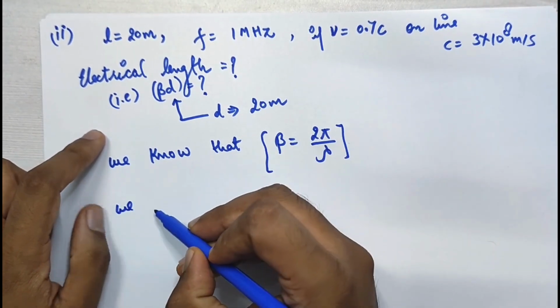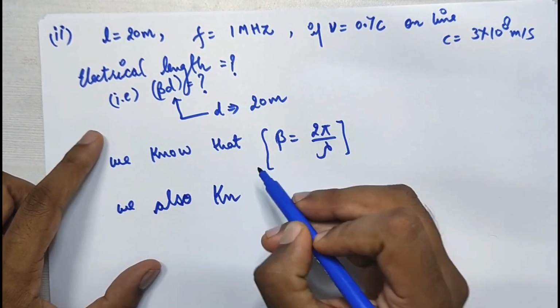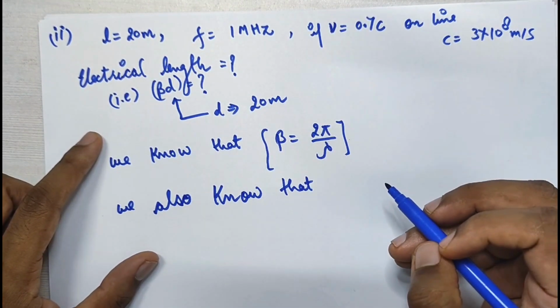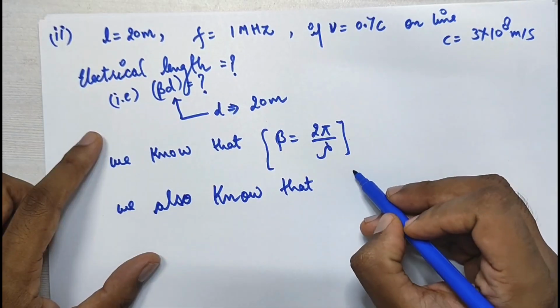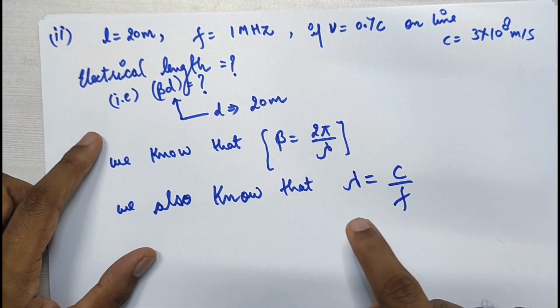We also know that lambda is equal to C upon F, right?